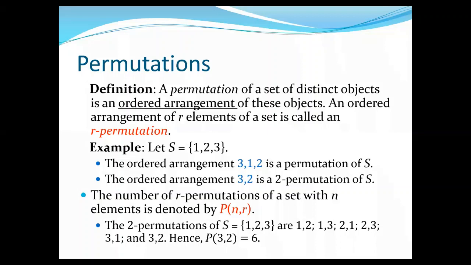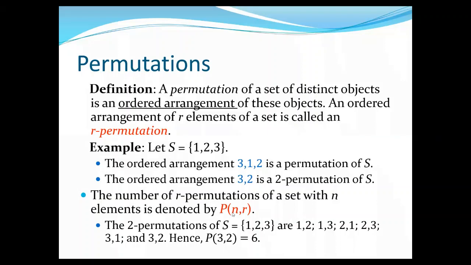So if we're going to refer to an r-permutation, like a 2-permutation, we could use this notation: permutation of the population n in our container, so that's P(n, r).